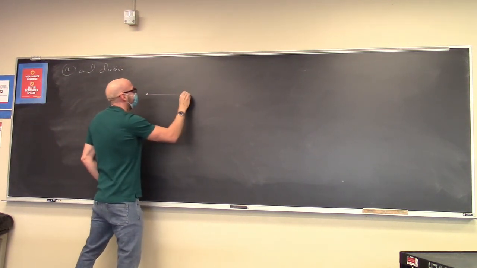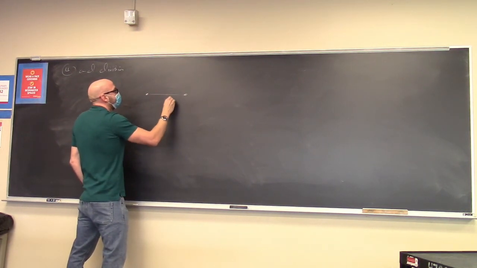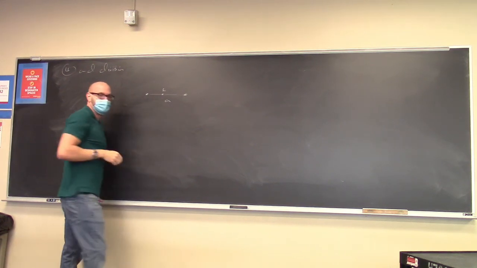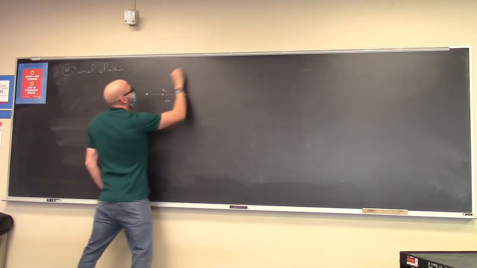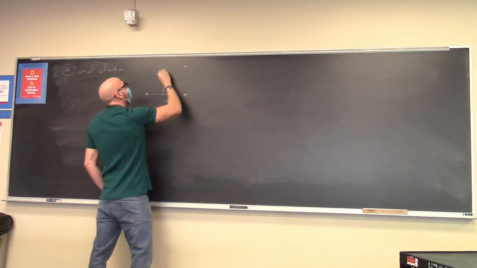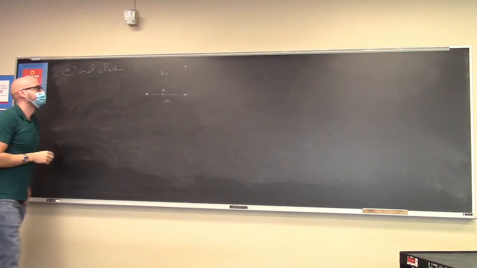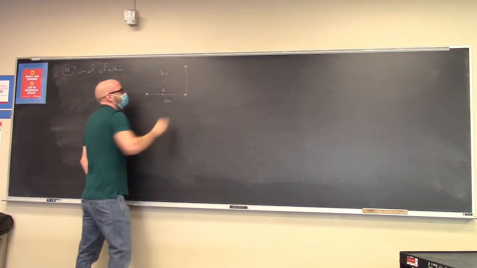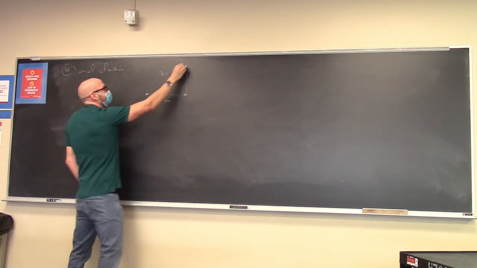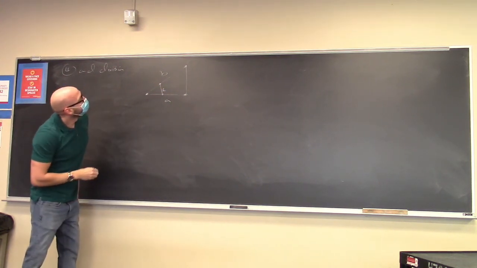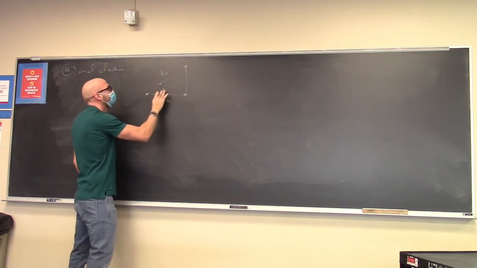Take your length A. Mark off length 1 on it, and then take length B. Drop that line, come in here, choose the point so that this is parallel. Doesn't look very parallel in my picture.